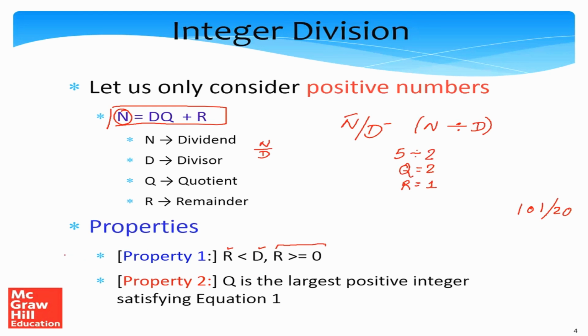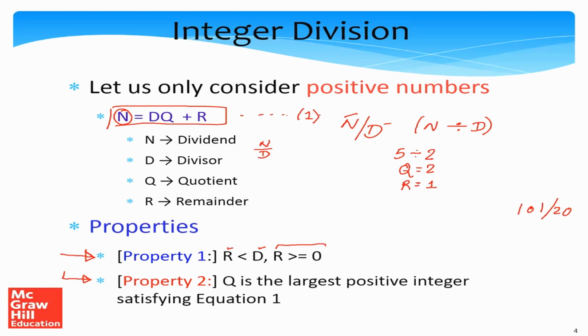Let's remember these properties. We'll refer to this as property 1, the property that the remainder is less than the divisor. The other one we'll refer to as property 2, which says that the quotient q is the largest positive integer that satisfies equation 1. I should probably call this equation 1. So the quotient is the largest positive integer. This is also obvious.